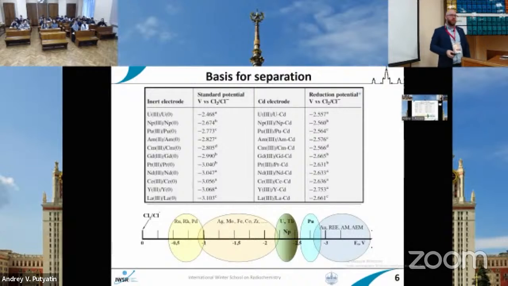Because all these separations are based on different electrochemical properties of the metals in molten salts. In water, of course, they also have different properties. But in molten salts, you can see that uranium and plutonium can be easily separated from the fission products by application of a certain potential to the electrodes.